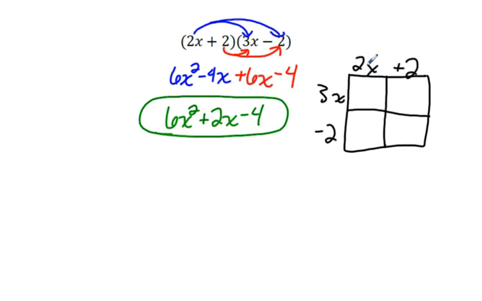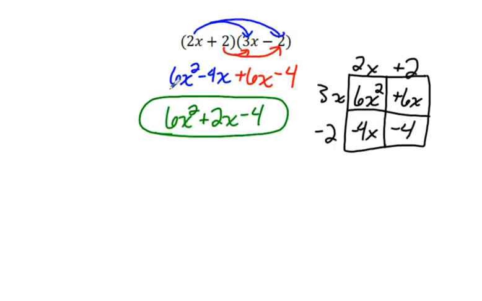Now we multiply each row by each column. So we do 3x times 2x and get 6x, 3x times 2 and get 6x again. 3x times 2x is 6x squared, sorry about that. And then 2x times negative 2 is negative 4x, and then 2 times negative 2 is negative 4.